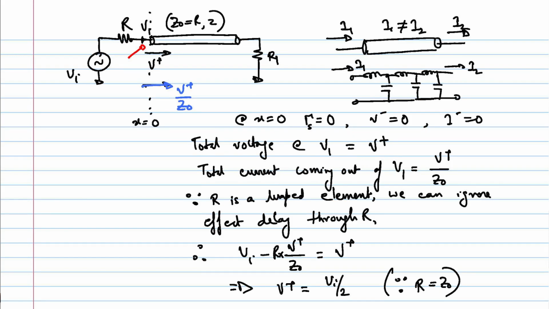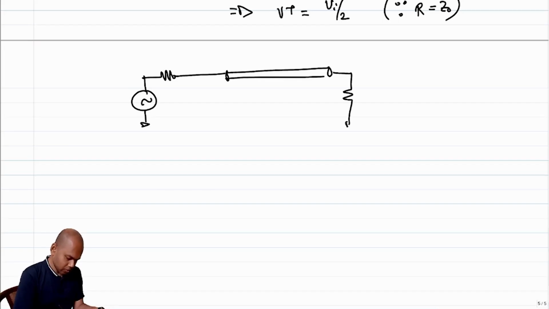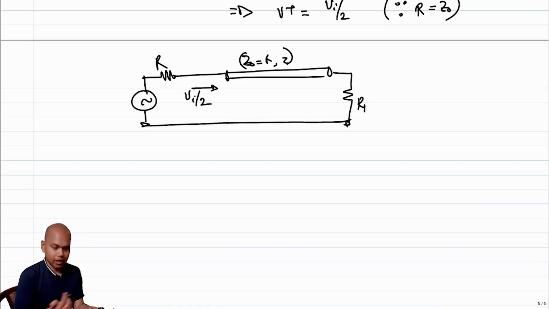So let me redraw the network here. So I know that this forward going wave is Vi over 2. Forward going current wave also will be Vi over 2 Z naught, and there is no reflected wave.